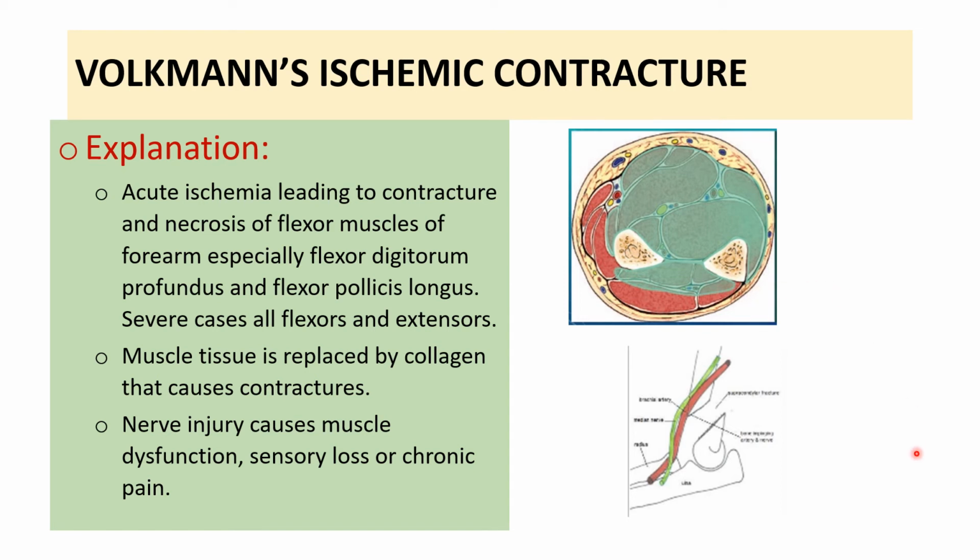The muscle tissue will be replaced by collagen tissue, which causes the contractures. Because of nerve injury, there will be dysfunction of the muscle, sensory loss, and chronic pain can be felt. So in this picture you can see the relation of the brachial artery and median nerve in relation with the elbow.